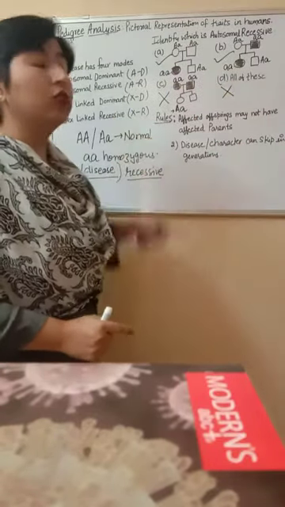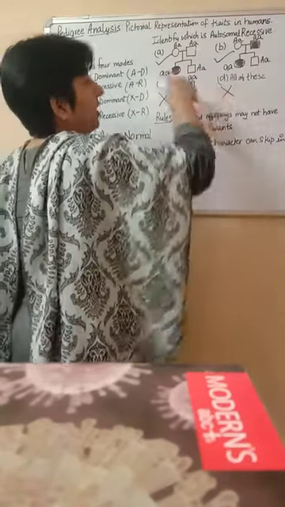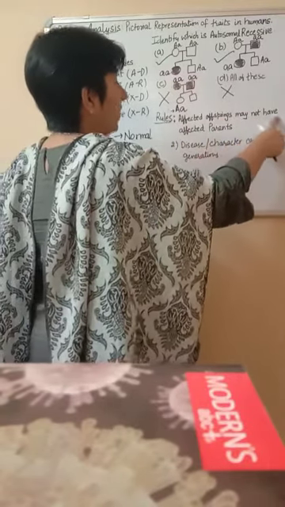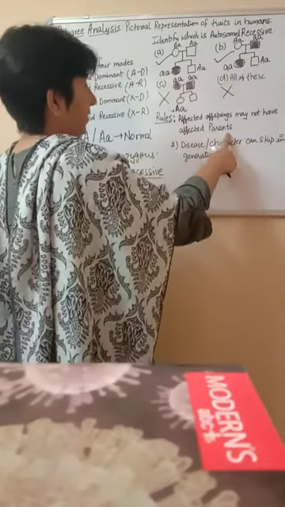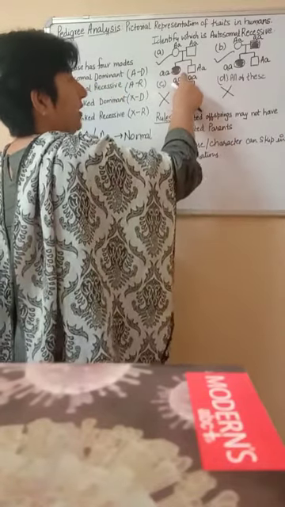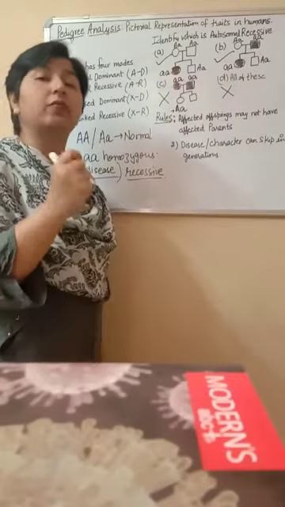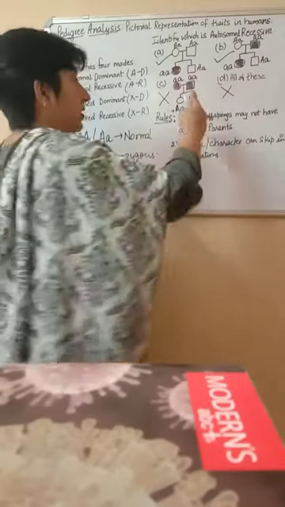Now we'll talk about rules. What are the rules? Out of these four, what we have learnt, rule number 1: affected offspring may not have affected parents. Affected offspring may not have affected parents. Parents can be normal. And yes, this is correct.